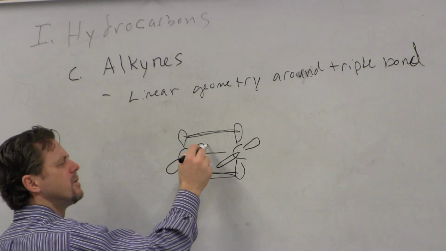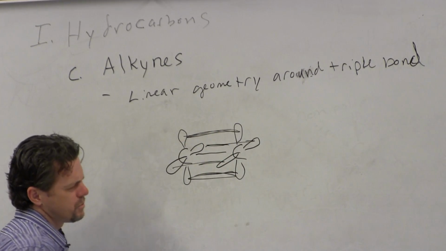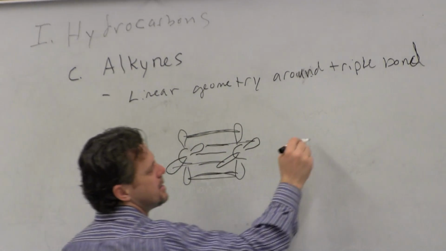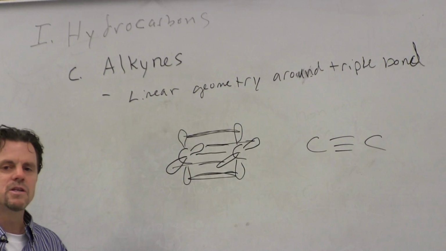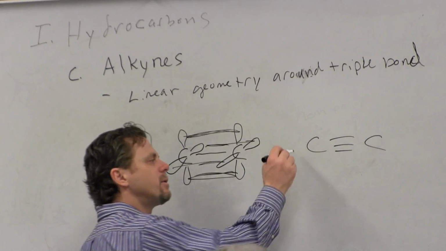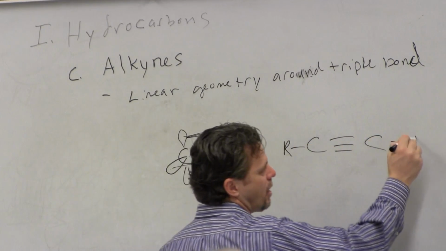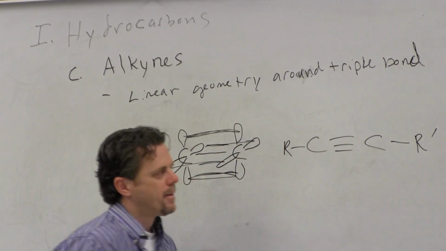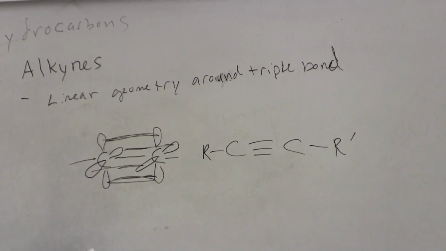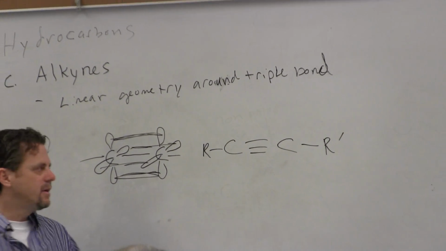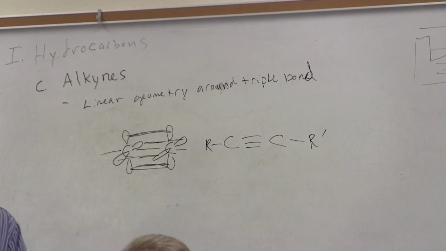So you've got bonding here and here to these lobes. That's what a triple bond looks like. So when you see this, you know there's no free rotation around that bond, but it doesn't matter because it's linear. So if you had, say, R group here and R prime over here, there's no worry about cis or trans because these are all in a straight line. So there's no cis-trans relationship either.